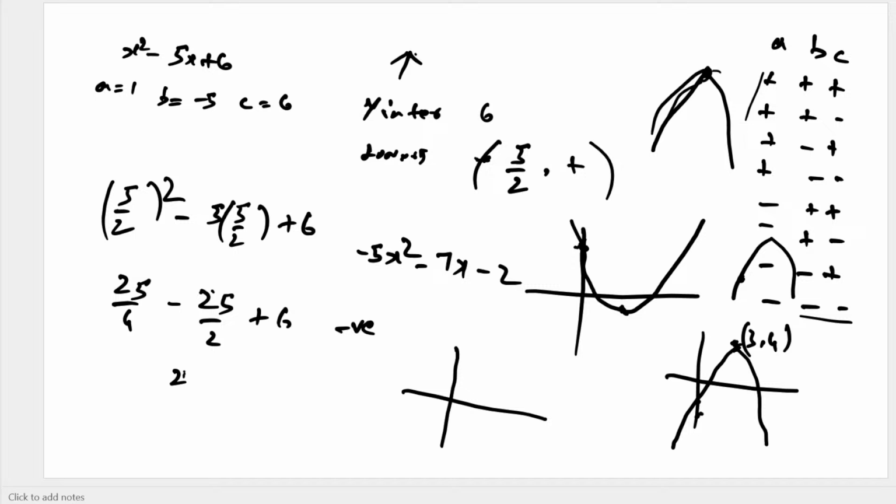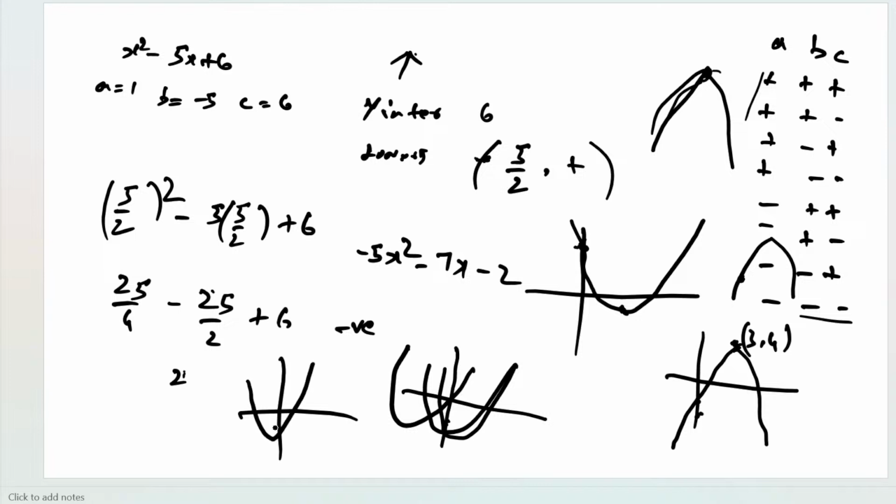For example, A is greater than 0, C is less than 0. It will look something like this, either something like this or something like this, whatever. It will touch the negative y-axis. First of all, A is greater than 0, that means it is facing upwards, and C is less than 0 means it is touching the y-axis below.